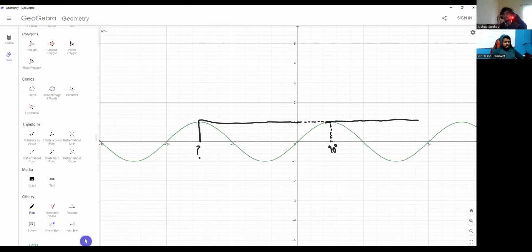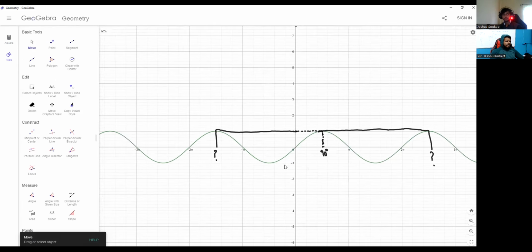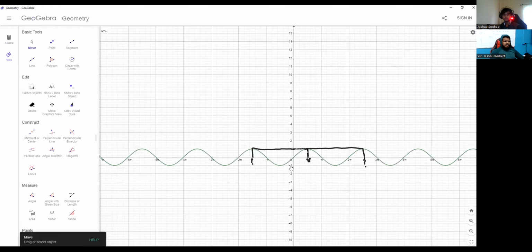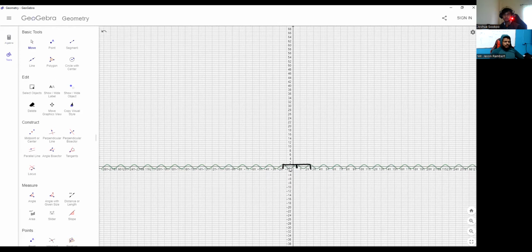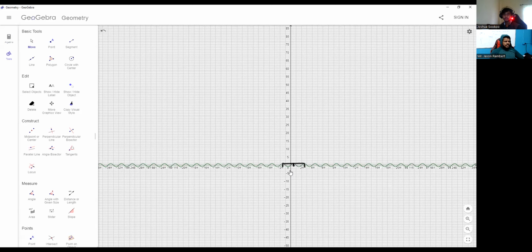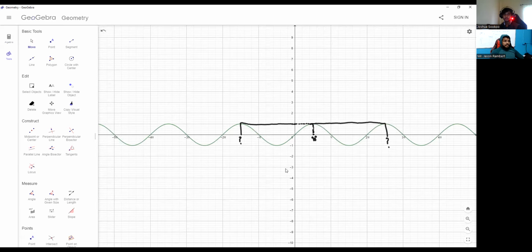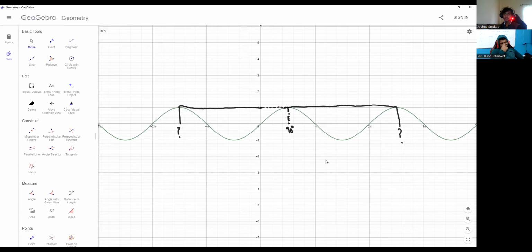Go across here, this value again, whatever it is, when I go up and I go across, I get a y value of 1. And the sine curve keeps on going on and on. It's infinite. It never ends. Neither does a straight line, technically.